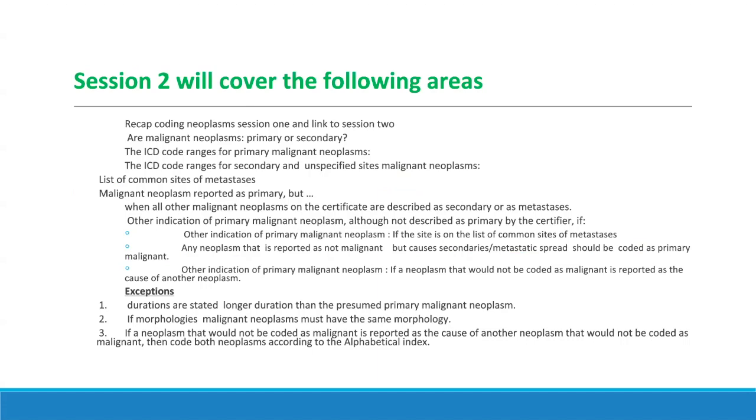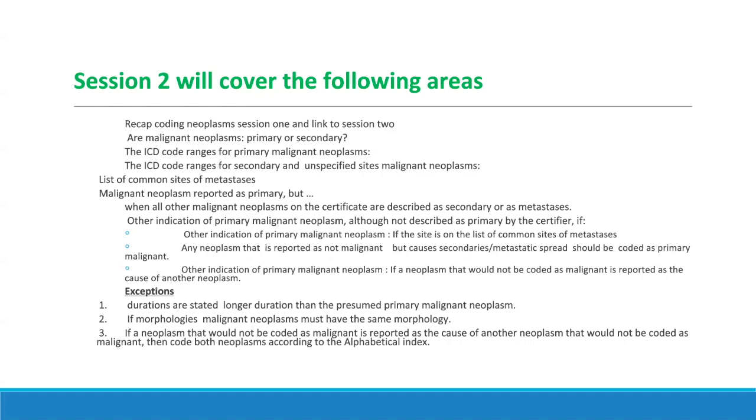You may recall that in session 1 of ICD coding for neoplasms, we covered the behavior, topography, and morphology of neoplasms. In session 2, we will discuss the classification of malignant neoplasms as either primary or secondary.